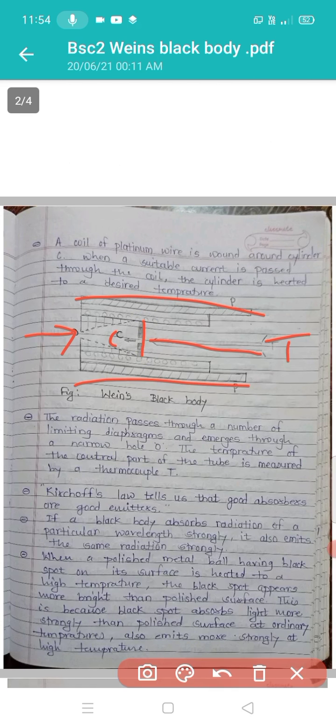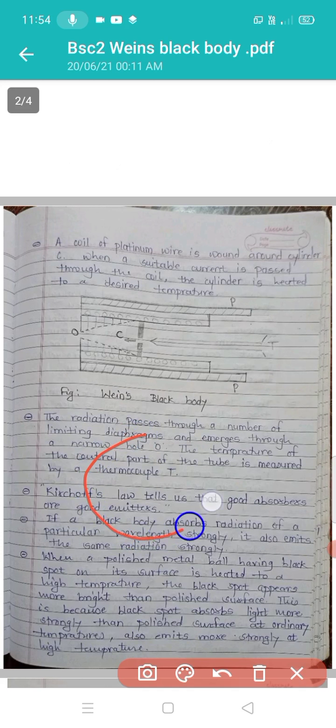Kirchhoff's law tells us that good absorbers are good emitters. We already learned about that in the introduction part. If a black body absorbs radiation of a particular wavelength strongly, it also emits the same radiation strongly.